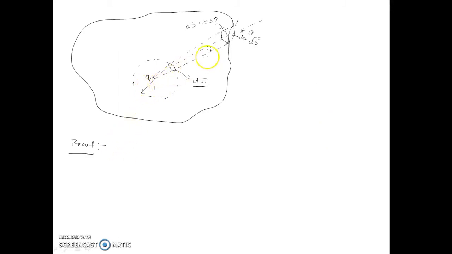To derive the proof for the Gauss law, let us consider this closed surface which is enclosing a point charge q. Now the flux emerging from this closed surface is given by the surface integral of the normal component of D over the closed surface.